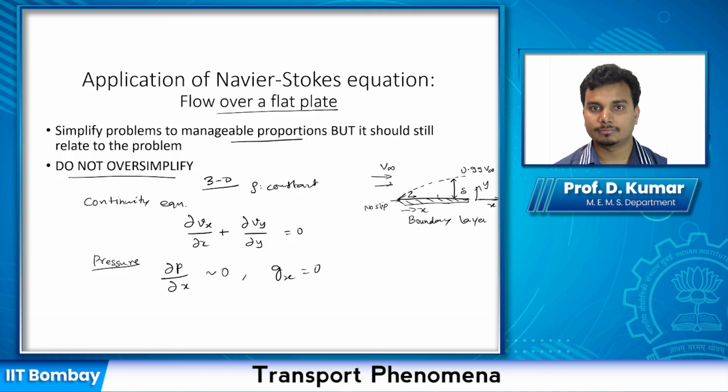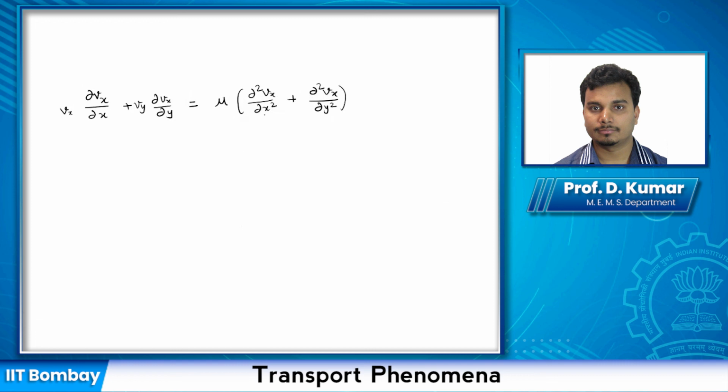But the boundary layer thickness is so small, and Vx goes from 0 to V infinity in this small thickness, so the change in y is much more pronounced. The change in the x direction is much slower, because the boundary layer thickness is so small. So using this argument, del squared Vx by del y squared is much greater than del squared Vx by del x squared.